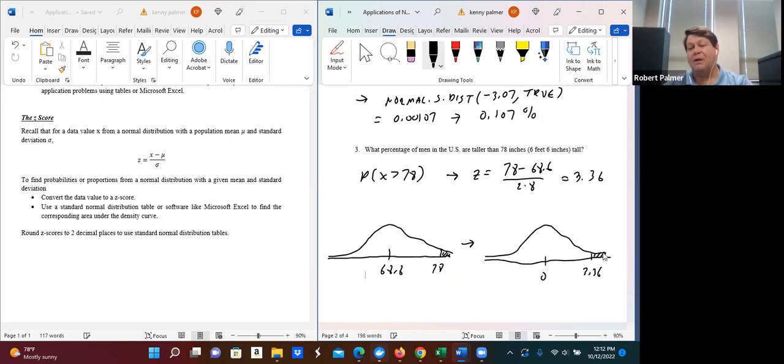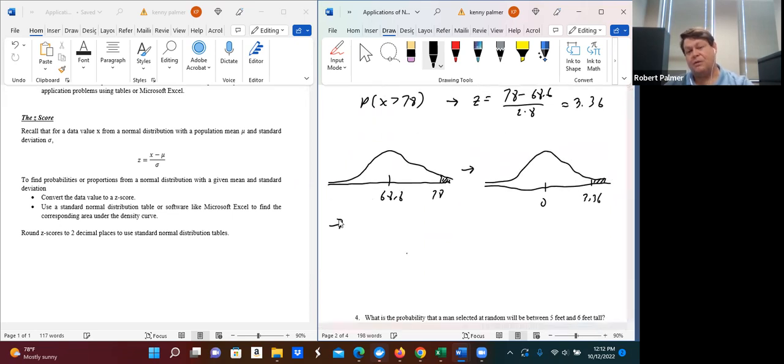These tiny areas are the same, so we want to find this area. So the probability that x is greater than 78 is the same as the probability that z is greater than 3.36, since these are the same pictures, just scaled differently.